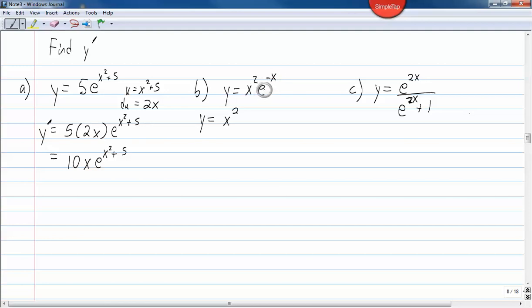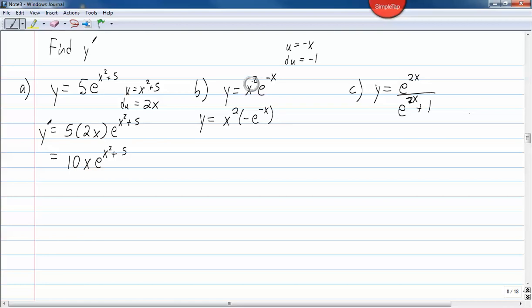The derivative of e to the negative x, your u is negative x, so your du is negative 1. So you're going to have to say this, e to the u, times negative 1. So it's just going to make it a negative e to the negative x.